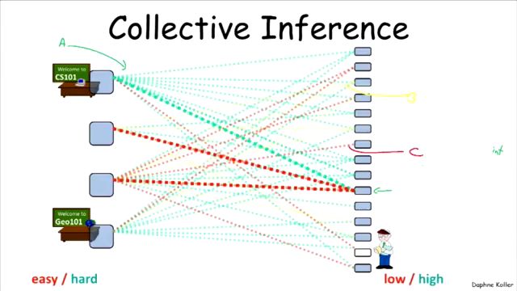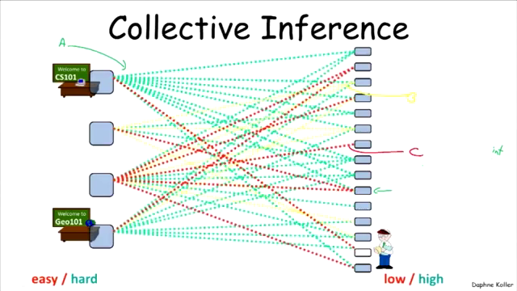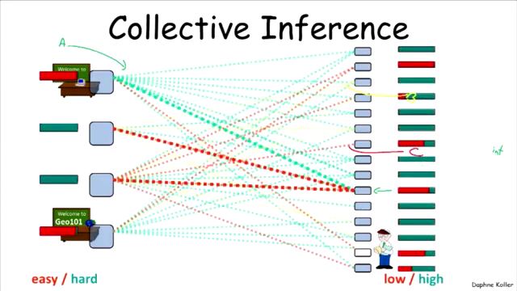So if we do the probabilistic inference over this holistic model, we are pretty sure that CS 101 is an easy class. And if we're pretty sure about that, we're also pretty sure, in this case, that the intelligence is low. And so we can reach much more informed conclusions in this setting than we can by reasoning about individuals in isolation.